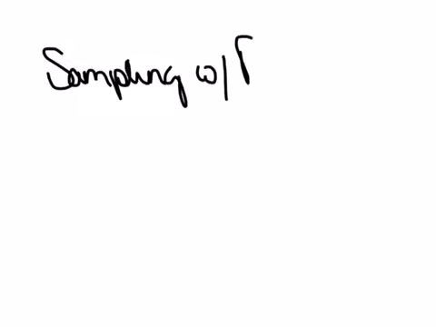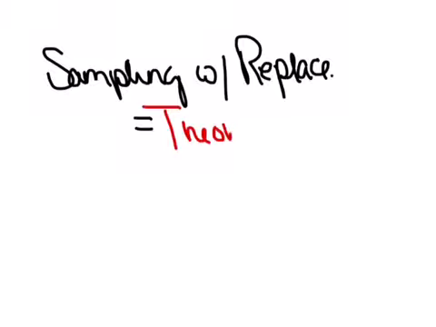So sampling with replacement equals what is known as theoretical sampling.